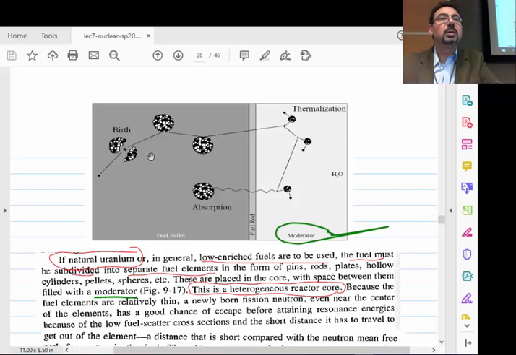The difference between heavy water and light water is how much enrichment you need to operate. Heavy water is expensive and you need a facility to make it, but if you have heavy water, then your uranium doesn't have to be enriched that high. You could even run with natural uranium. I mean, you bring it from the mine, make it a fuel rod, and put it in the reactor that runs heavy water.